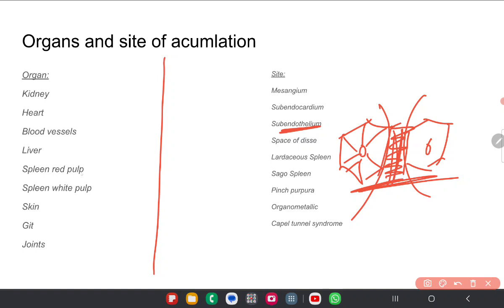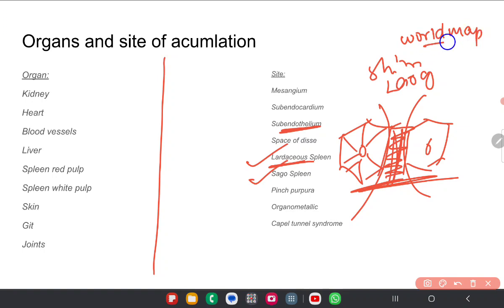Spleen and red pulp. The spleen is divided into two types: sago spleen and lardaceous spleen. Lardaceous spleen, as the name indicates, is like lard, or a large portion like a world map. It majorly takes place in the red pulp, whereas in the white pulp it takes place as sago spleen.